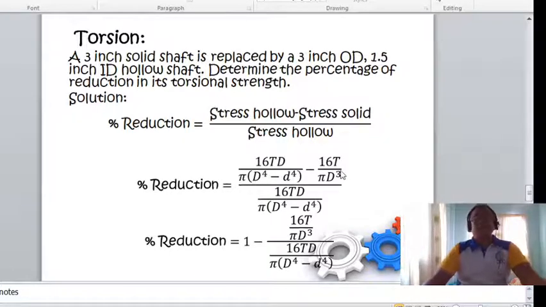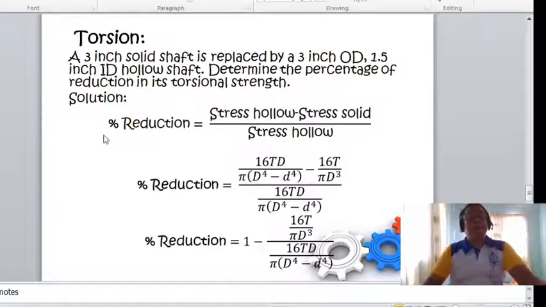Okay, so actually class, of course, the shaft which is most stressed is the hollow shaft. So, if we compute the stress, we will notice that the value obtained from the hollow shaft is greater as compared to the solid shaft.